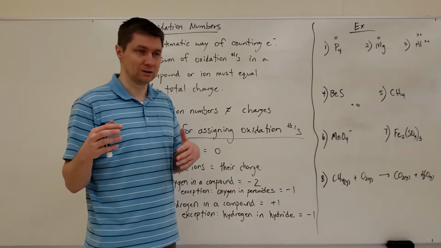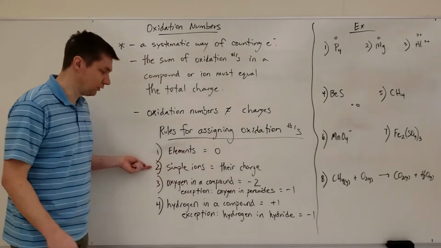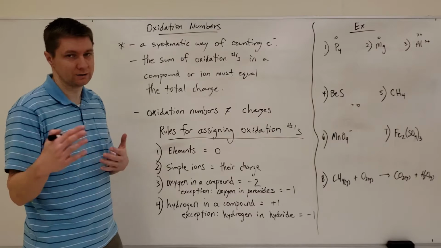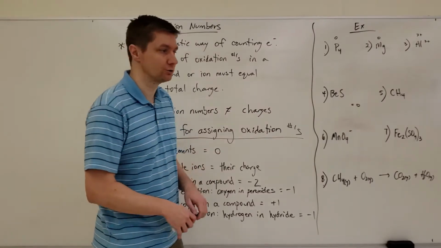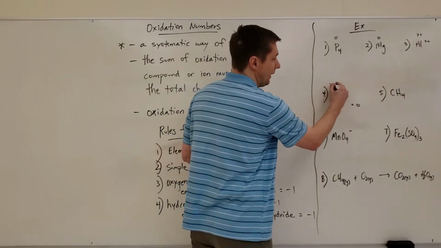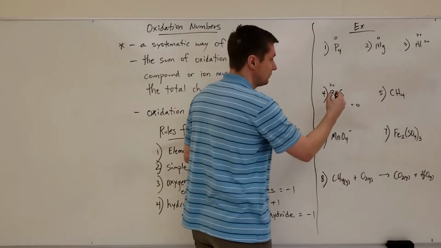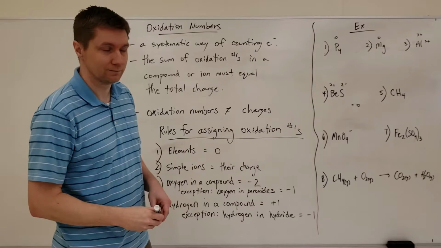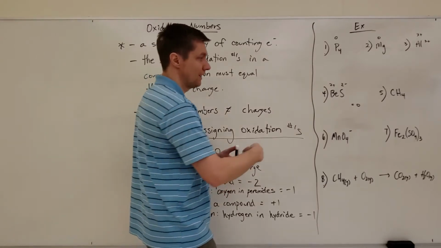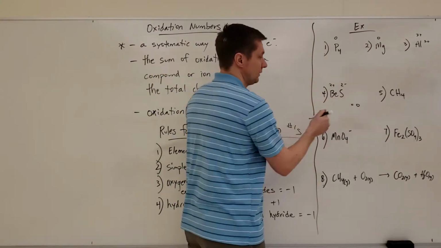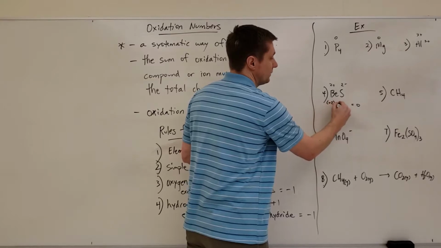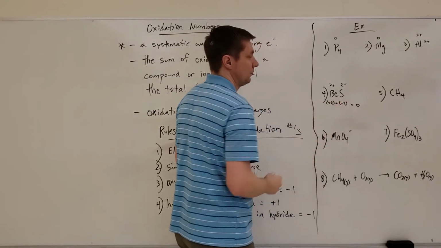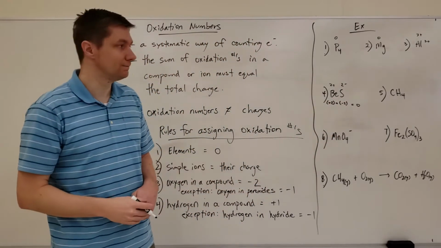Because these are simple ions, it can follow this second rule here, which is simple ions have an oxidation number of just their charge. So the beryllium here is going to have a +2, and the sulfide ion is going to have a -2. If you add these together, you can see that 2 positive plus 2 negative gives me 0, and that works out.